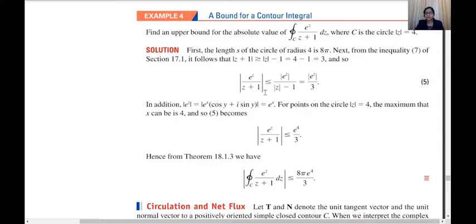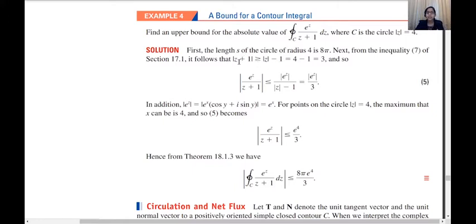Now for this, it can be written as modulus of e raised to z divided by modulus of z plus 1. Now, modulus of z plus 1 is greater than or equal to mod z minus 1. We have done this in section 17.1; you can refer to it. So when we take the reciprocal, the inequality sign changes.